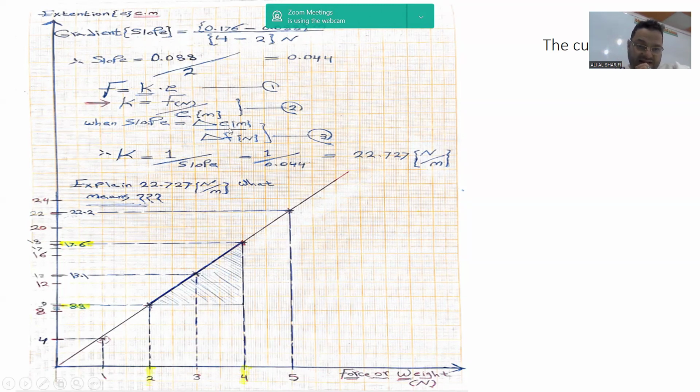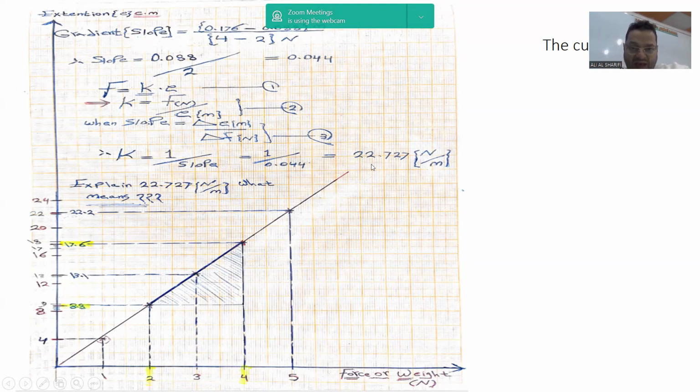Let's compare: delta extension divided by delta force, and equation number 2. That means it's the reverse. The slope equals the reverse of K. By that, K equals 1 divided by the slope.